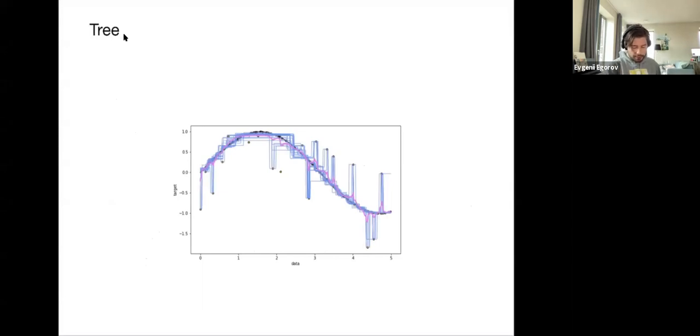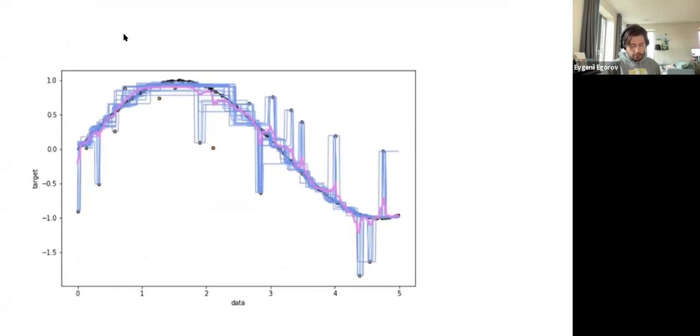So here we have a picture in two dimensions. We have one feature and a one-dimensional target. We see that in the presence of some outliers, some of the trees start to be very picky around them, and this is a characterization of high variance.